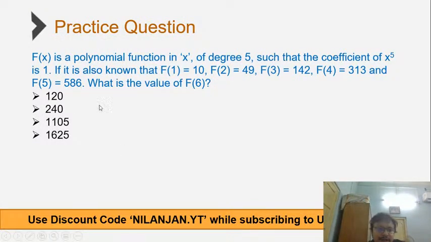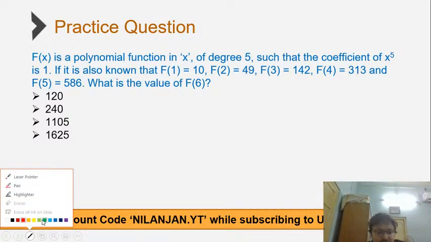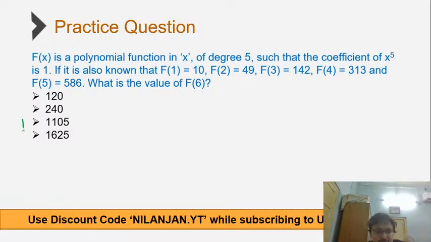If you try and do that, there will be only two options that are greater than 586. Out of that, the one within 2 times of 586, within 1200, is only option C. So that is the one you should be marking and going forward with.